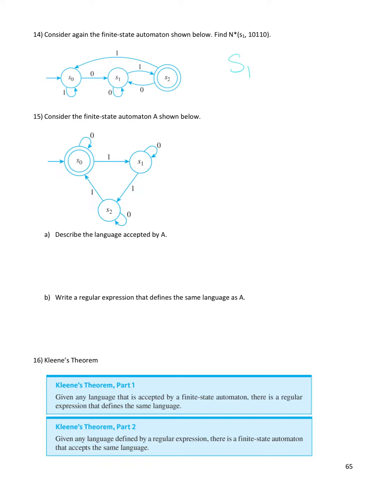So this is going to be the set of all strings of zeros and 1s such that the number of 1s in the string is a multiple of 3. Okay, which means there could be 0 1s. 0 is a multiple of 3.